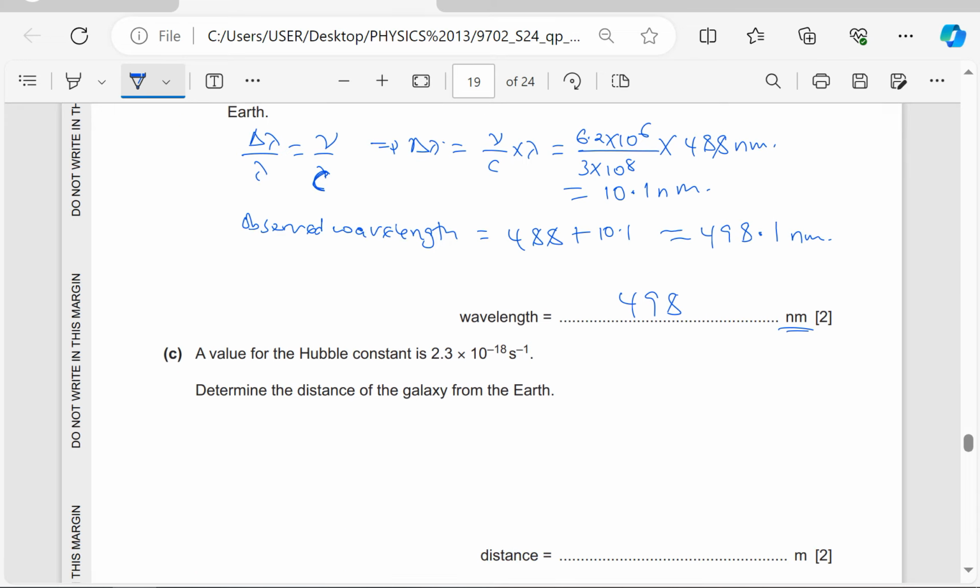Then a value for the Hubble constant is 2.3 exponent minus 18. Determine the distance of the galaxy from the Earth. So according to Hubble's law, V is equal to H naught times D. So that means D is going to be V over H naught, which is 6.2 times 10 to the power of 6 over H naught, which is 2.3 times 10 to the power of minus 18.